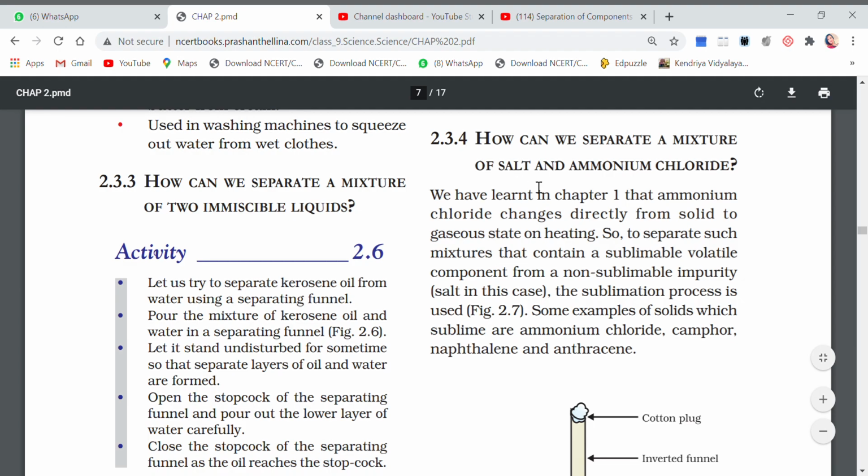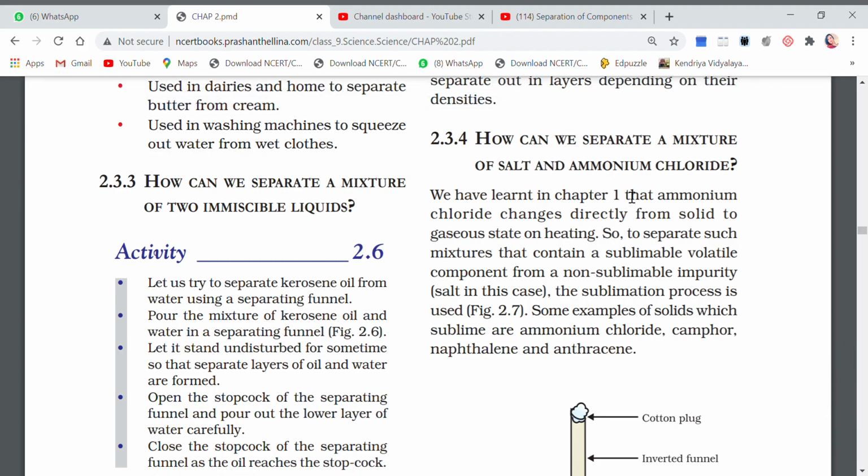So children, here the first question you will write is define sublimation, and the answer is already given to you in the first chapter. You have to write the same answer here also. Second question that you have to write here is give some examples of sublimates.